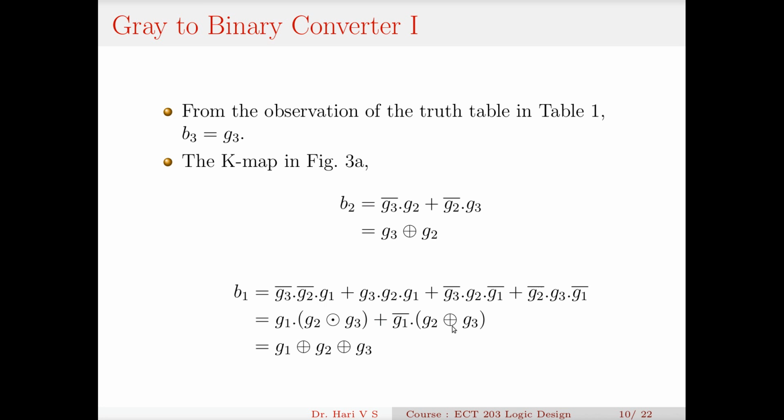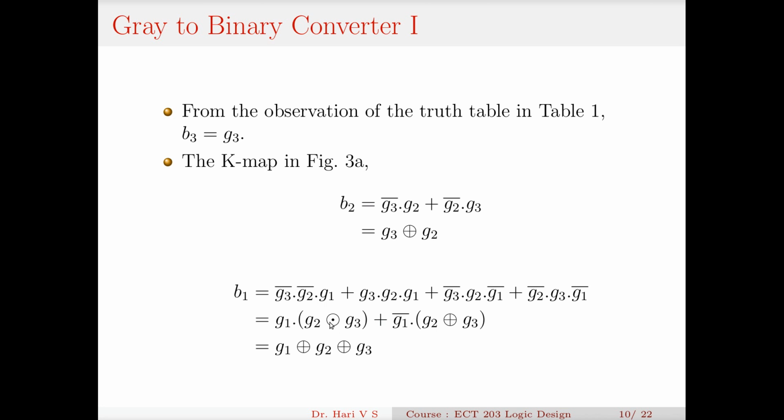Okay, so I can combine some of these terms, like if I take this G1 out of these two, it will be G3 G2 or G3 bar G2 bar, which is G2 XNOR G3, and this is G1 bar is taken, so it is G3 G2 bar or G3 bar G2, which is G2 XOR G3. So you can see that is G1 XNOR G2 XNOR G3, or G1 bar and G2 XOR G3.